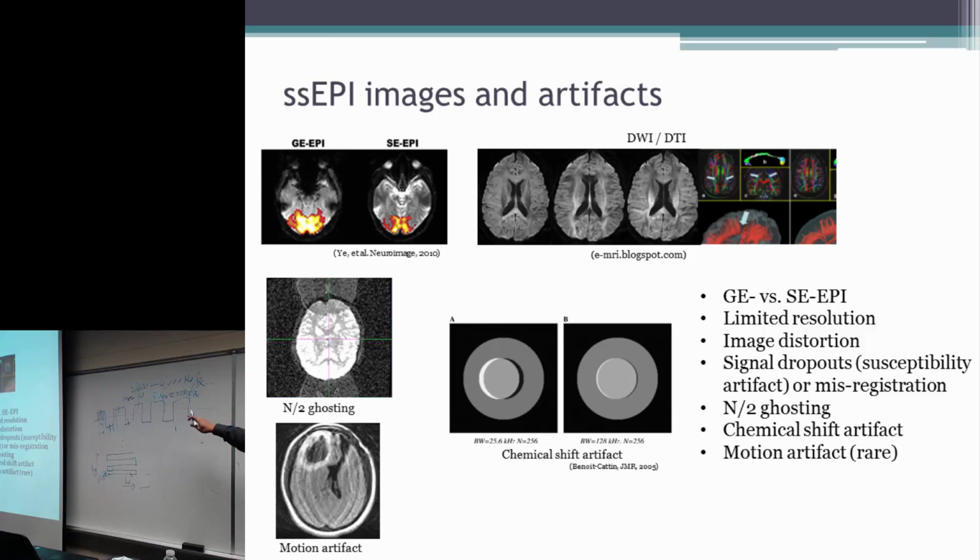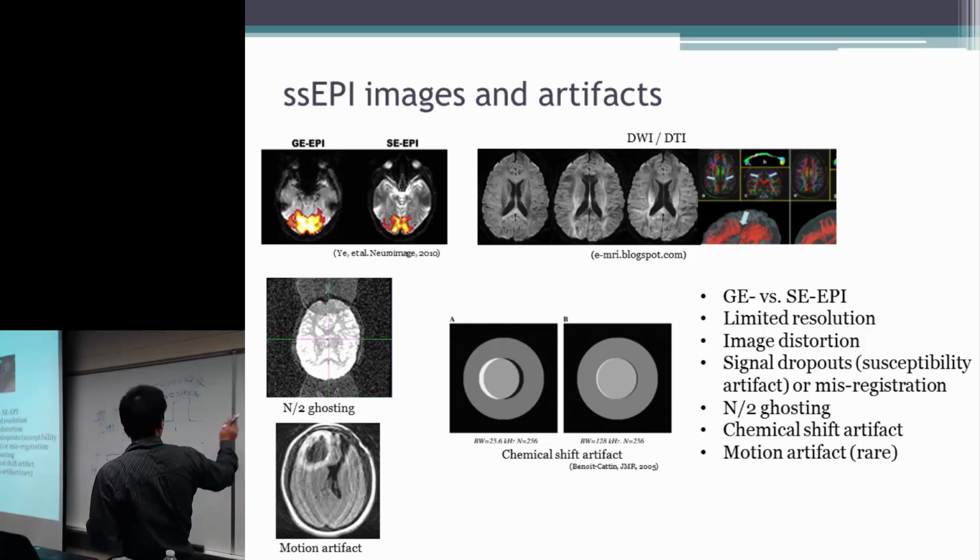So if we have 20 hertz per pixel bandwidth along the phase encoding direction, the delta Y is 60 divided by... equal to 23 pixels. So that means the fat signal would have shifted by 23 pixels along the phase encoding direction if the phase encoding bandwidth is like 20 hertz per pixel.